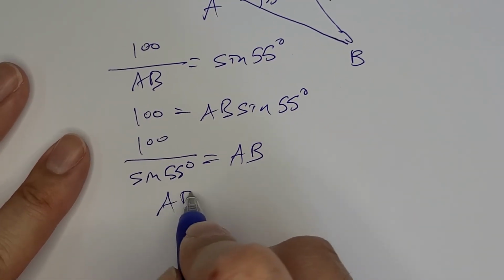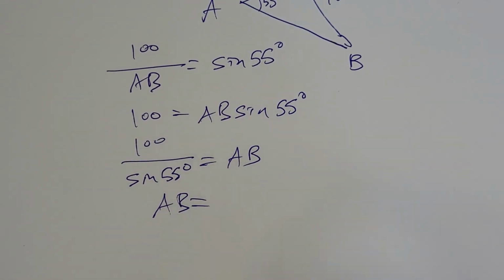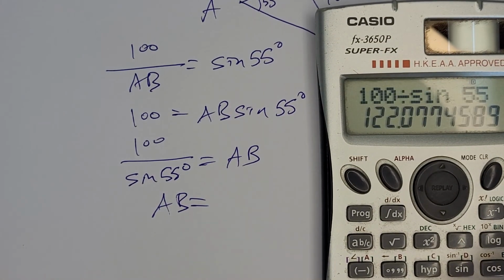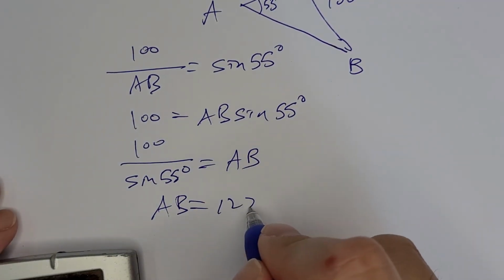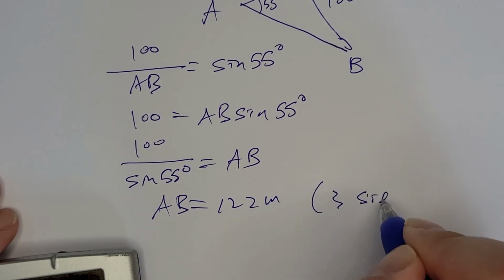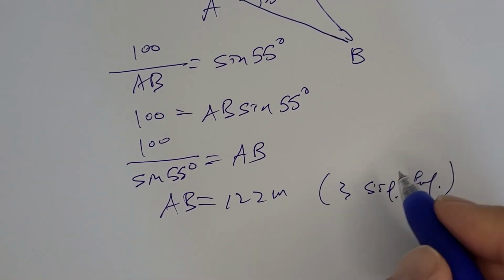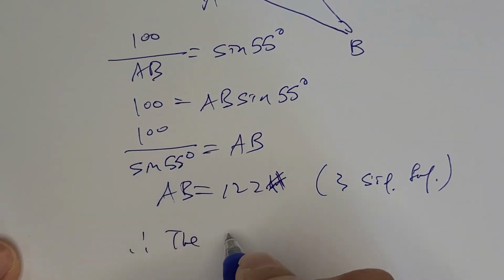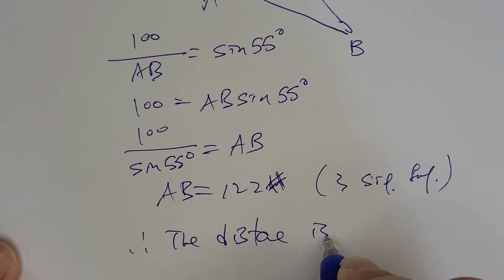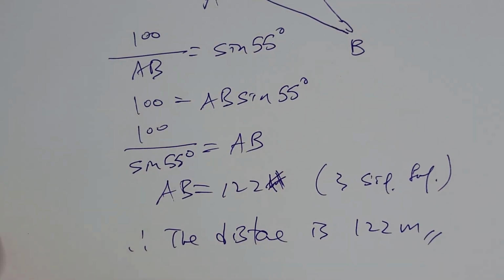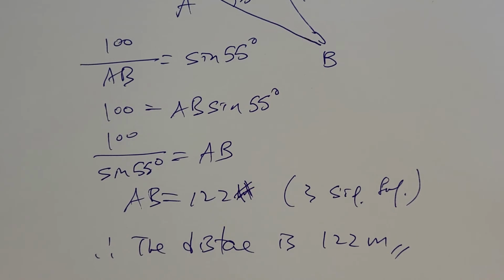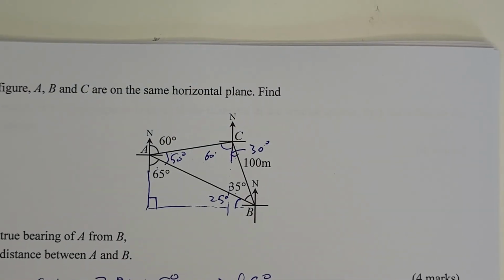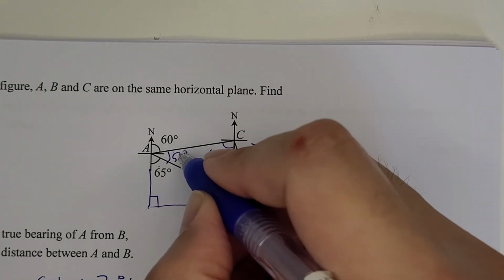So you can press AB. 100 divided by sine 55, 122 meter. Three significant figures. Of course, at the final statement, in the equation, you should not have the variable. Therefore, the distance is 122 meter. So, that's it. The question number 8. You can go back here to look at the graph. Here. Okay, 55.